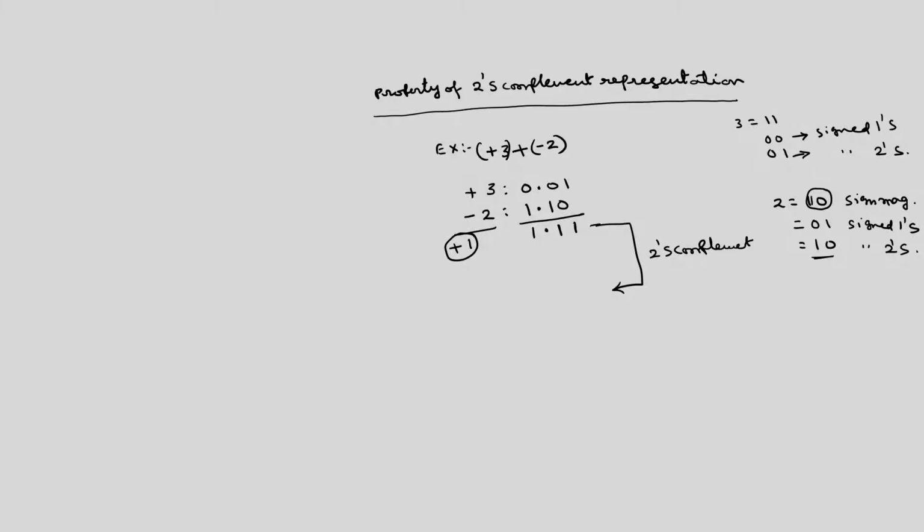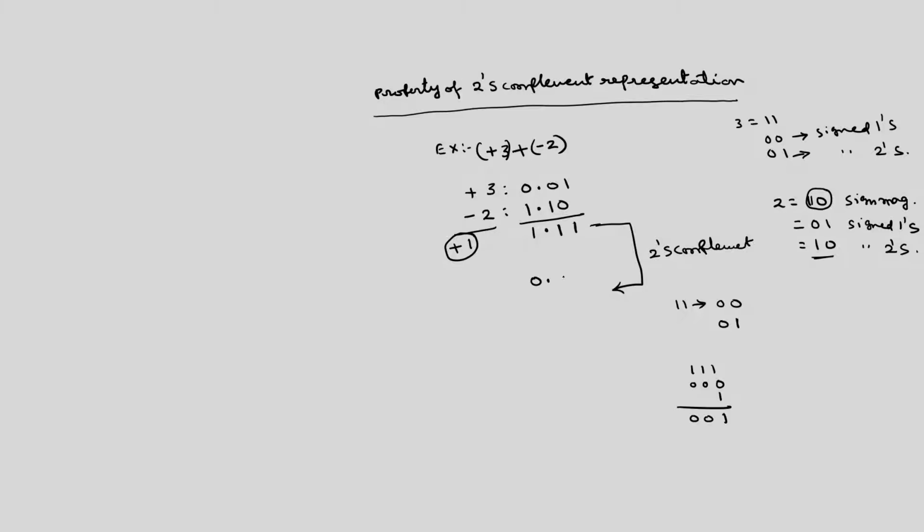Okay. So, what is the 2's complement of this? So, 1's complement is 0 0, for 1 1, 1's complement is 0 0, 2's complement will be 0 1, and for this 0. This is 1 1 1, its complement is 0 0 0 plus 1 is 0 0 1.